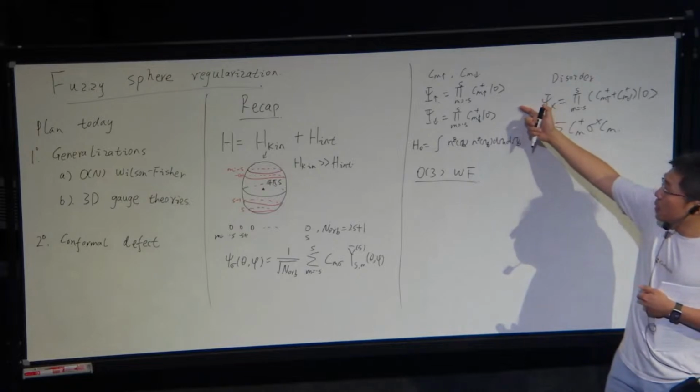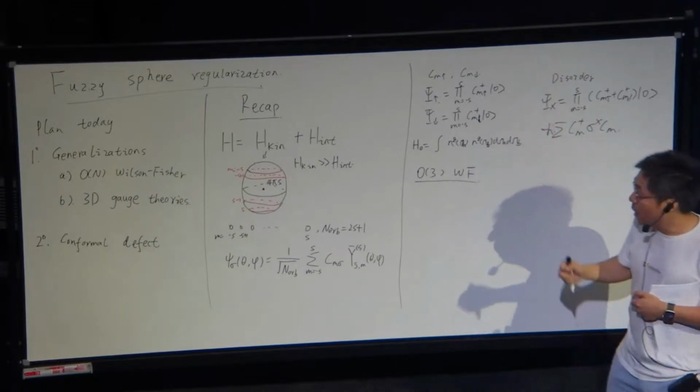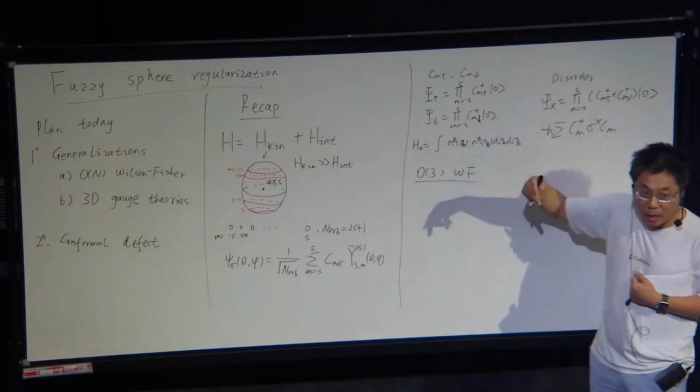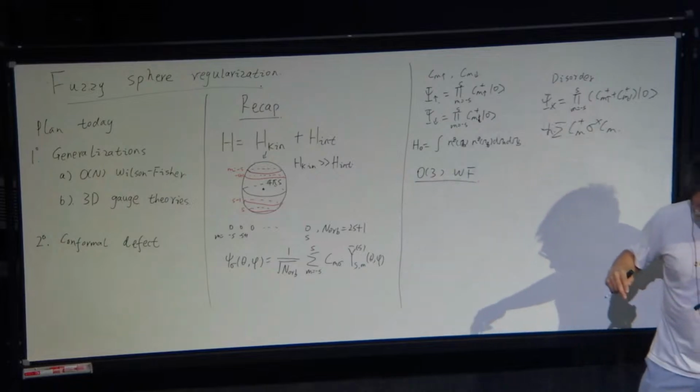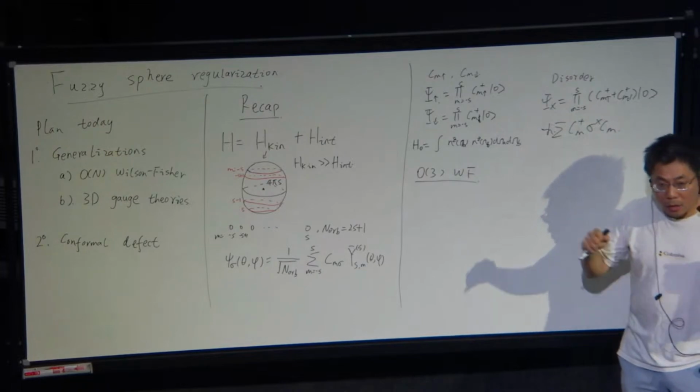Now let's just follow this logic. Now let's try to construct a state that, in particular, let's say if we have two flavors of fermions, can I realize a disordered phase that preserves the entire O(3) symmetry?